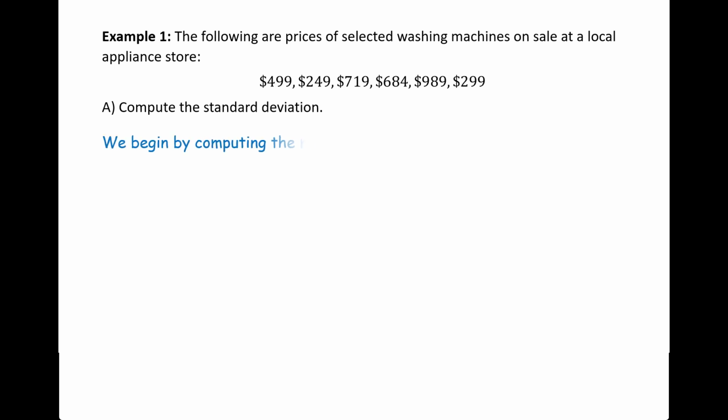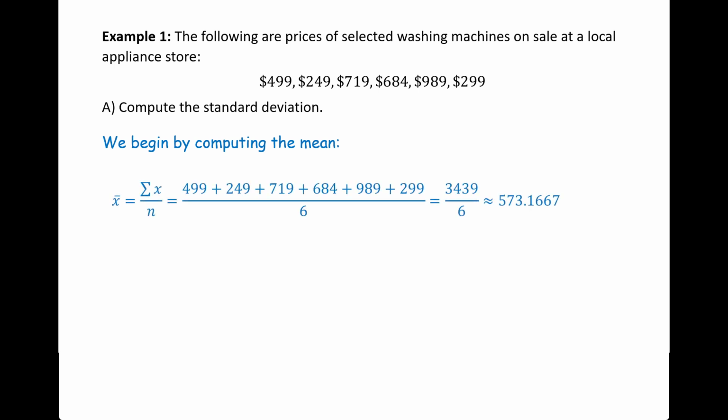We begin by computing the mean. To compute the mean, we need to add up the prices of all of the washing machines and divide by 6. The notation would be x bar equals the summation of x divided by n. That would be equal to $4.99 plus $2.49 plus 7.19 plus 6.84 plus 9.89 plus 2.99, and that sum divided by 6.